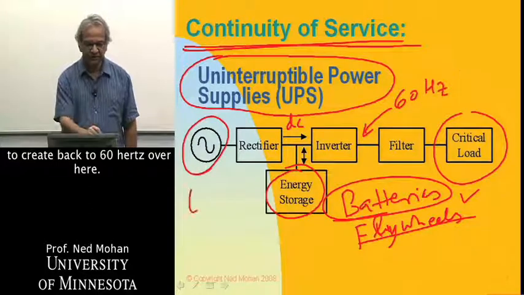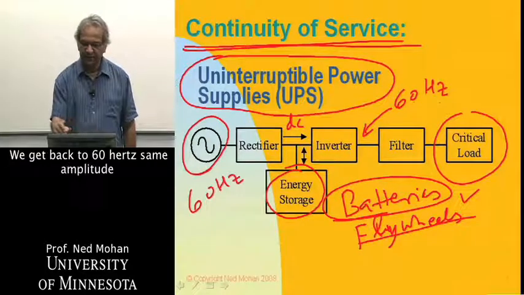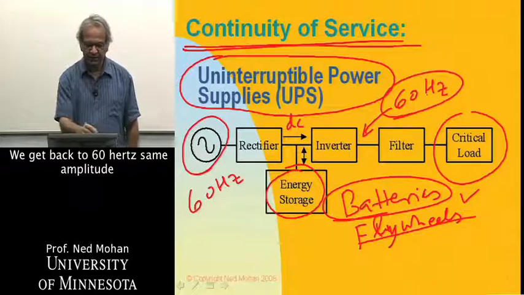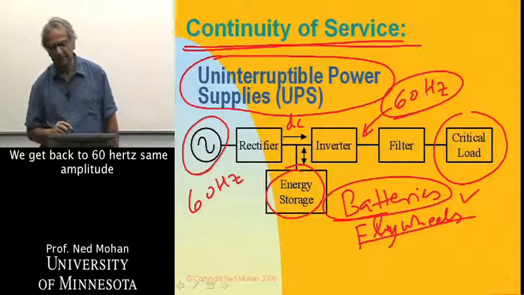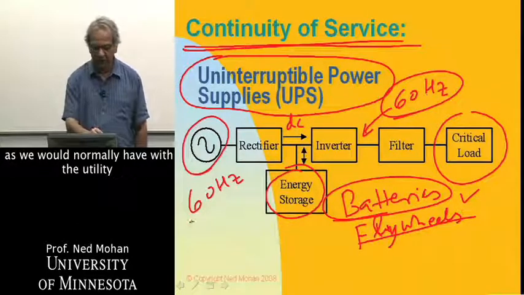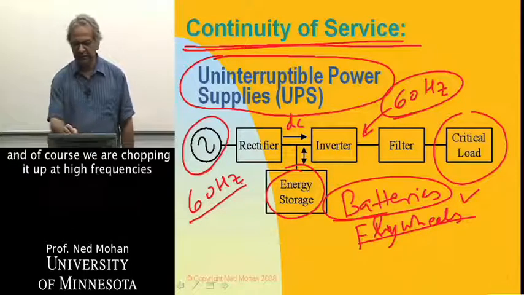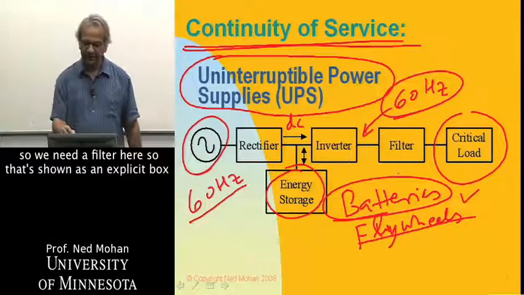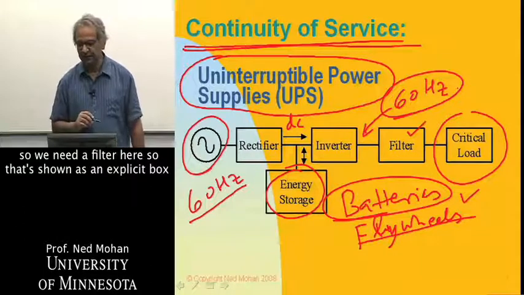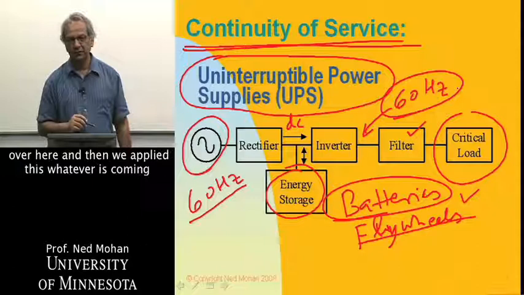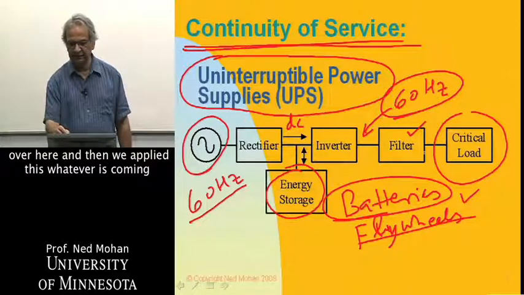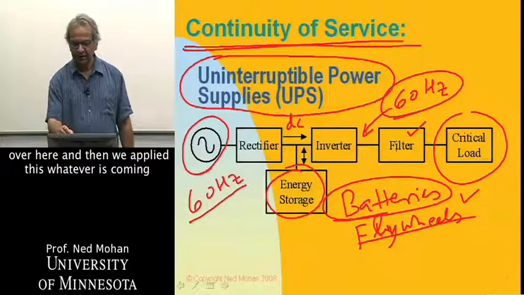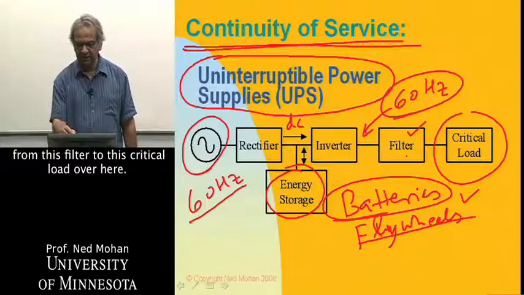So we started with 60 hertz, we get back to 60 hertz, same amplitude as we would normally have with the utility, and of course we are chopping it up at high frequencies, so we need a filter here. So that's shown as an explicit box over here. And then we apply whatever is coming from this filter to this critical load over here.